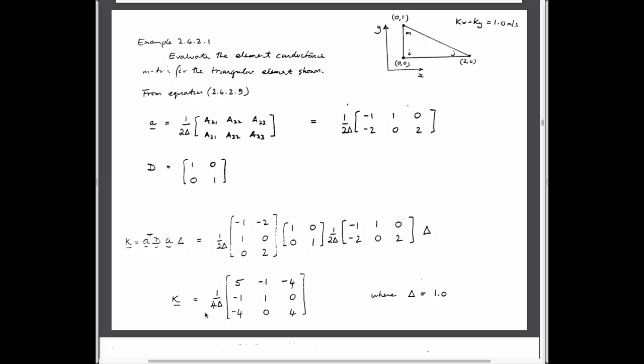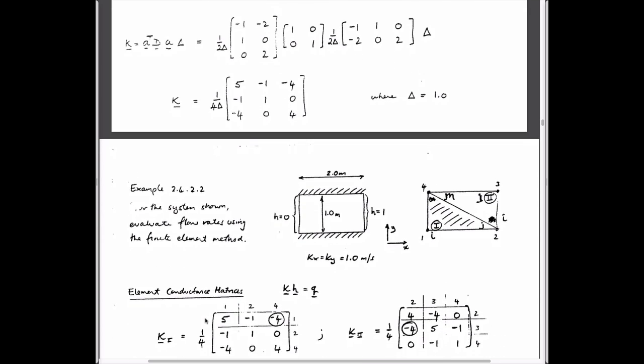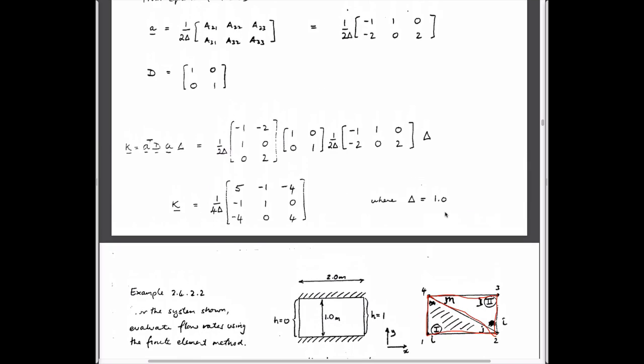And so you can think of we're going to solve a problem for geometry that looks like this. The geometry happens to look like a rectangle. And we're going to divide that rectangle into 2 elements. And again, the idea of the finite element method is that you can localize behavior in a single element, and if you can calculate the conductance matrix for one element, then you can put it together for the whole system.